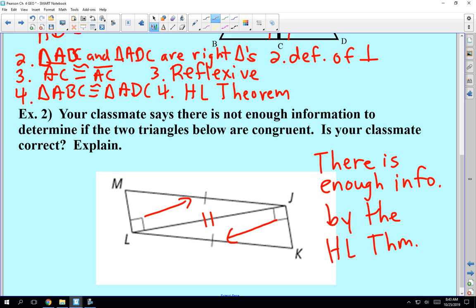As soon as you have a right angle marking in there, be aware of that. Don't assume that a right angle marking means you're going to use the HL theorem. But if you have a right triangle and the hypotenuses are congruent as well as one of the other legs in the triangle, then that is enough information. So it's the only one in which you can do it with two pieces congruent. Any questions on that?